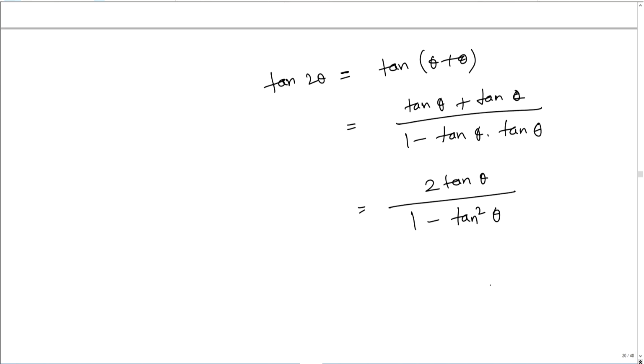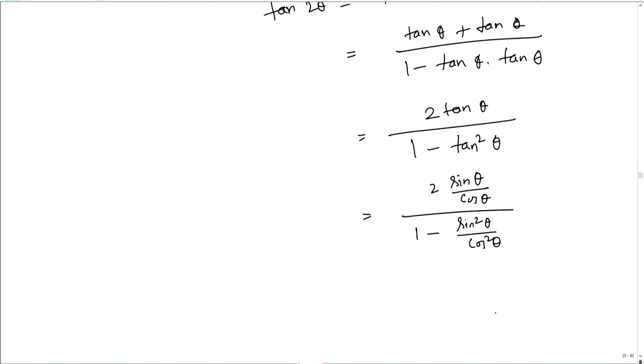By the way, can you write it in form of sine and cos? This is right now in form of tan theta, but can you write it in form of sine and cos? Yes. So, let us write what would be 2 tan theta. It would be 2 sin theta divided by cos theta, and in the denominator you would have 1 minus sin square theta by cos square theta.